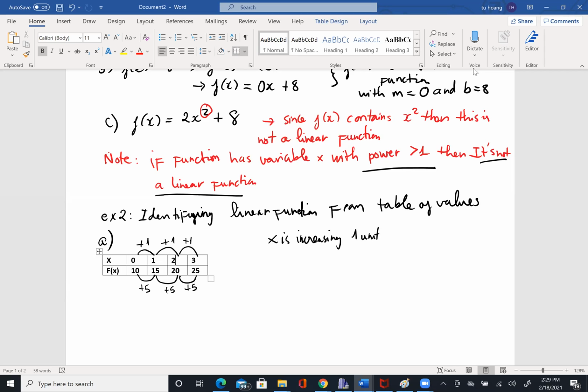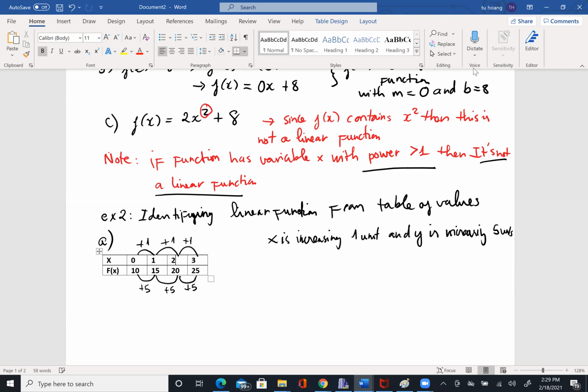So I'm going to say y is increasing 5 units.